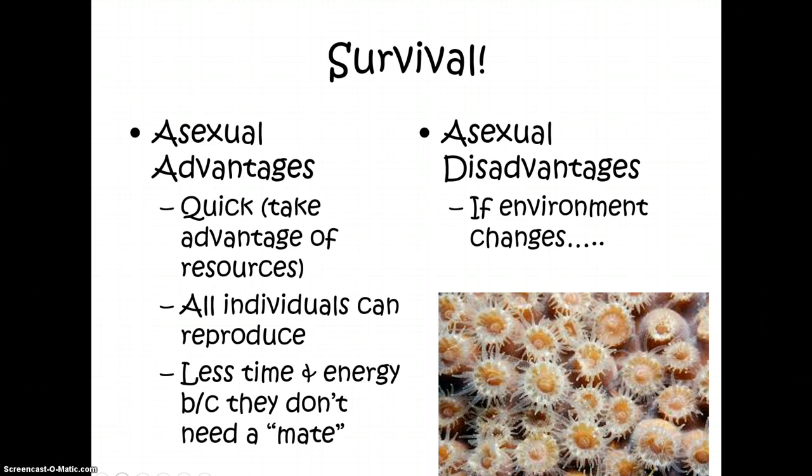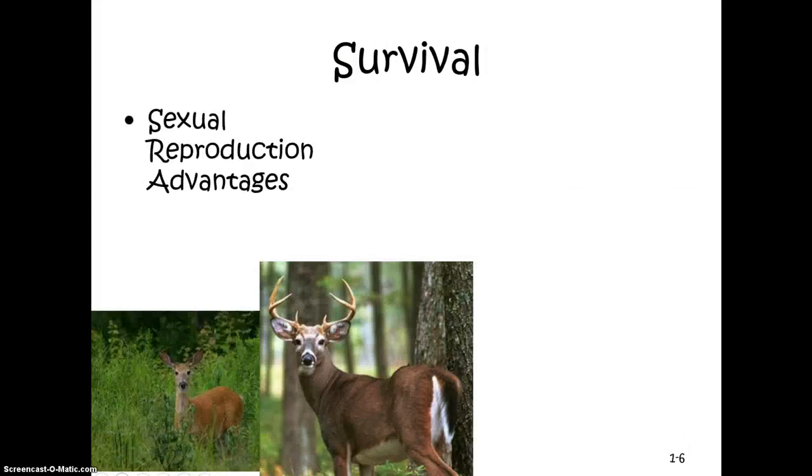However, as the environment changes, like the salinity, the amount of salt in the ocean, which we are seeing, they can't adapt. They're all the same. And so if it kills one of them, it kills all of them. That's a huge disadvantage.